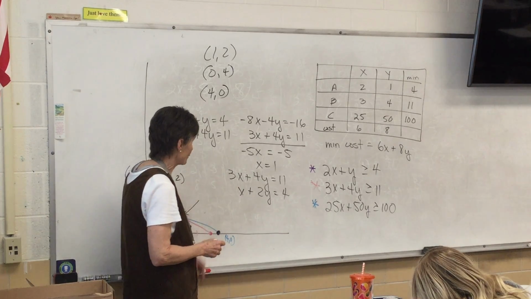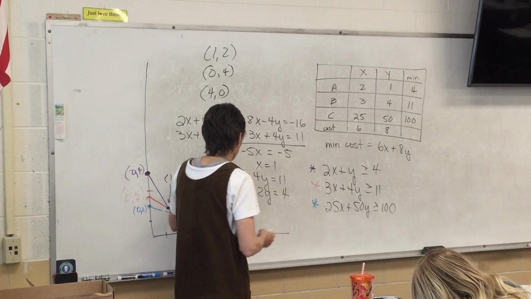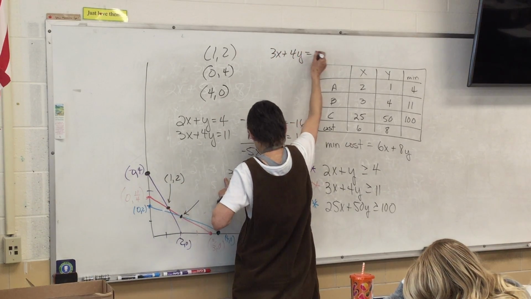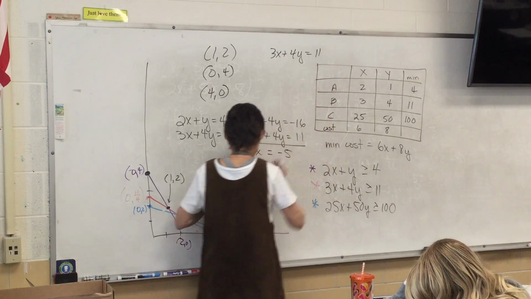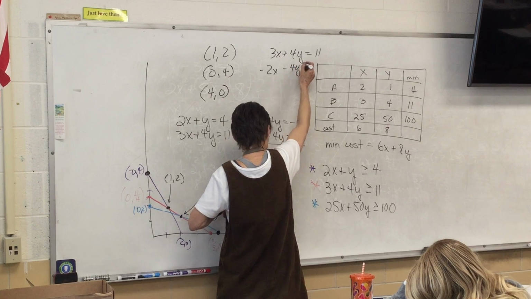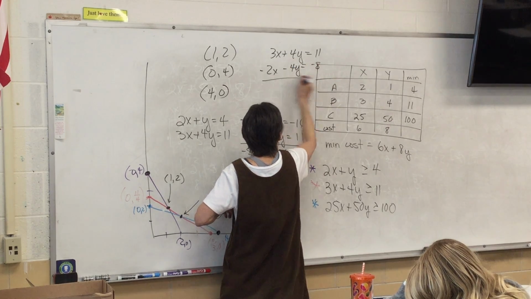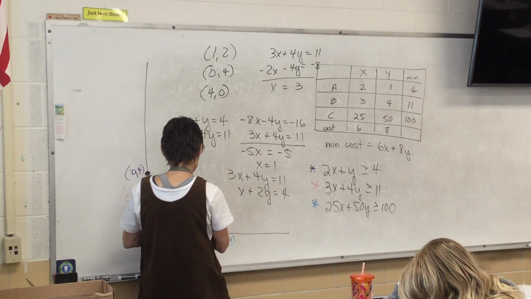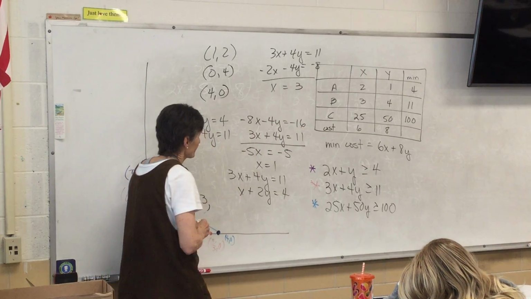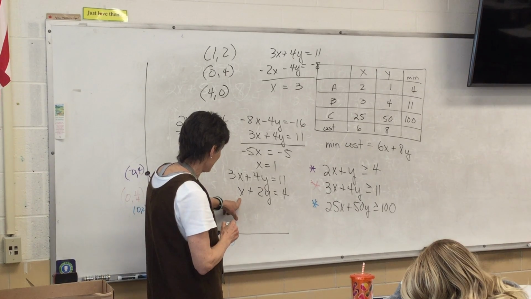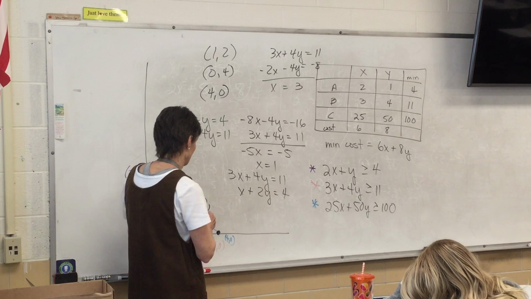And then it's easier to work with. 3x plus 4y equals 11. And negative 2x minus 4y equals negative 8. I got x equals 3. And if x is 3, ooh, is y 1/2?